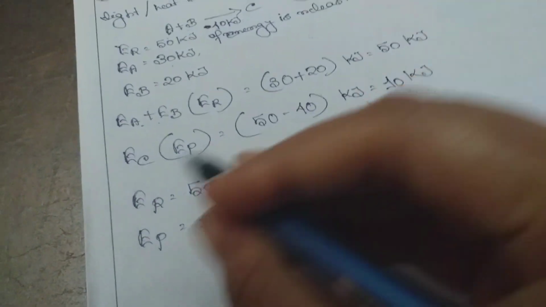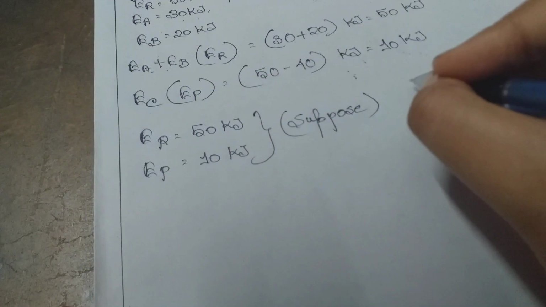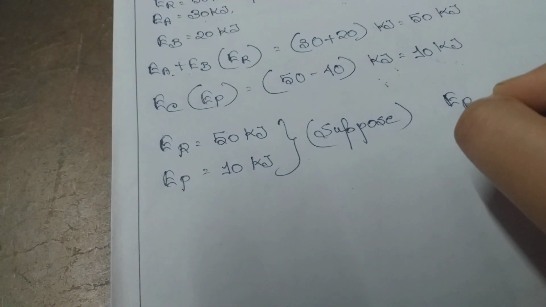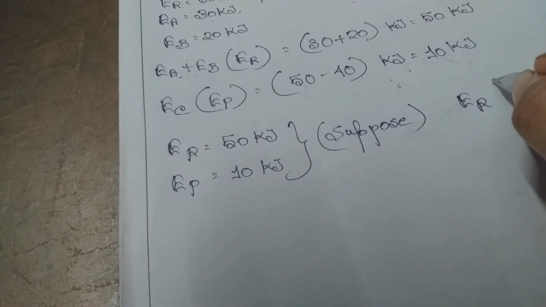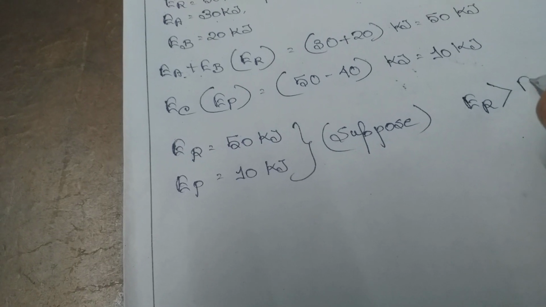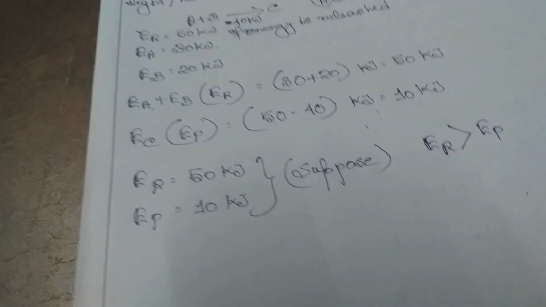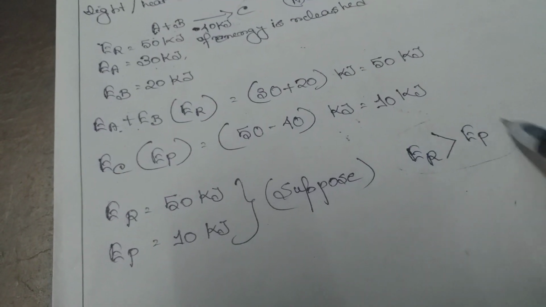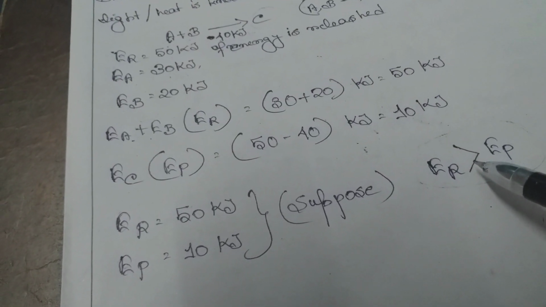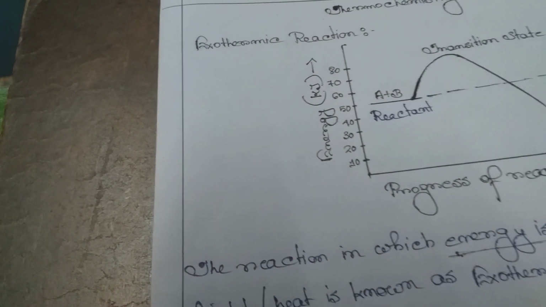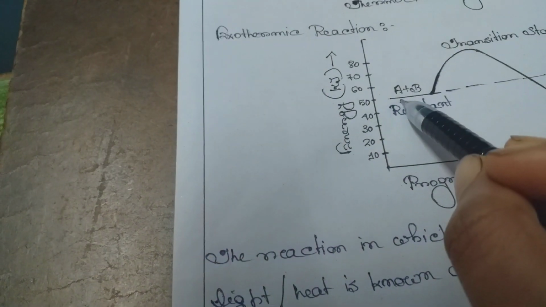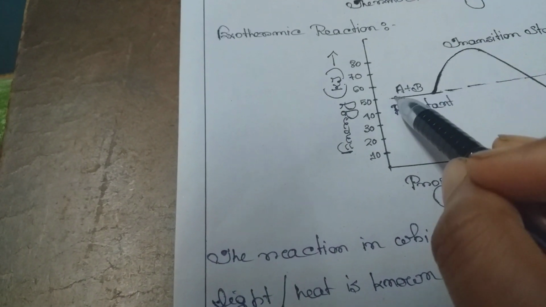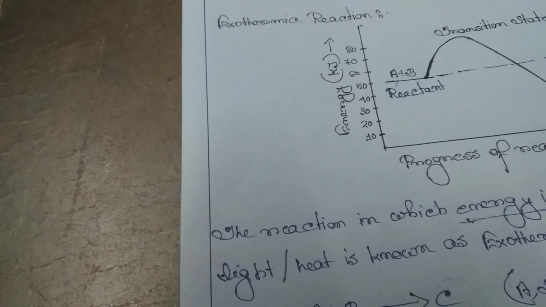Therefore, from this mathematical data, it is clear that the energy of reactant is higher than that of the energy of product. Here in this graph, we can see the energy of reactant is higher than that of the product.